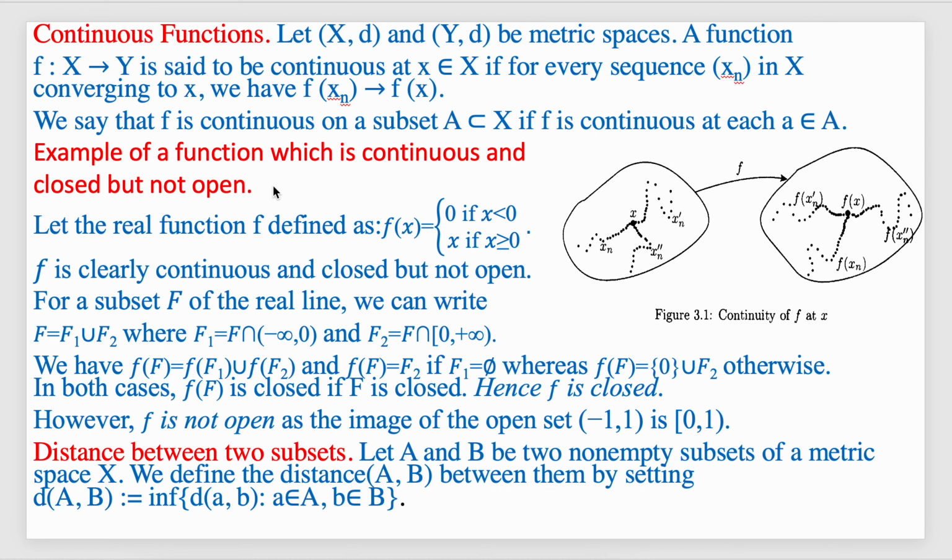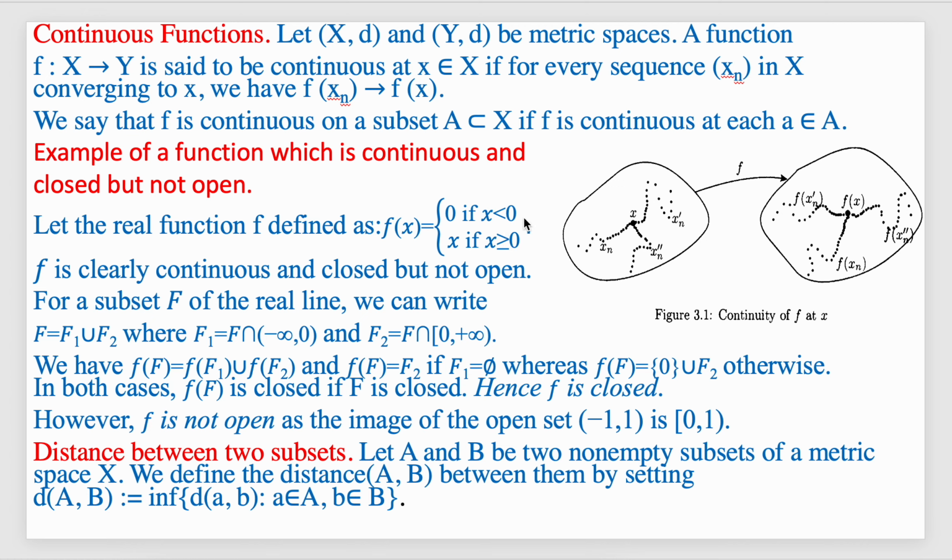Now we give an example of a function which is continuous and closed but not open. Let us define a real valued function f as f(x) equal to 0 if x is less than 0 and x if x is greater than or equal to 0. Clearly f is a continuous function.